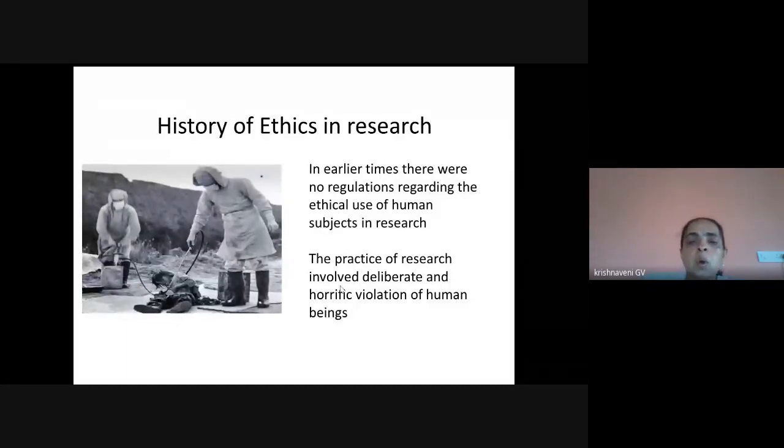They had no concern for their health, safety, or comfort, and they conducted deliberate research. As you can see, it's a Japanese scientist conducting a cruel experiment on one of the prisoners of war in the name of medical research.